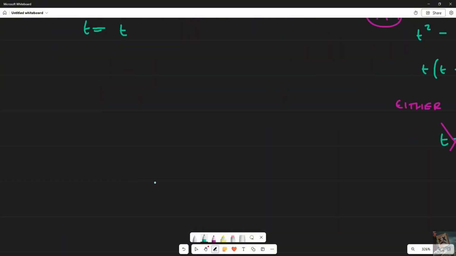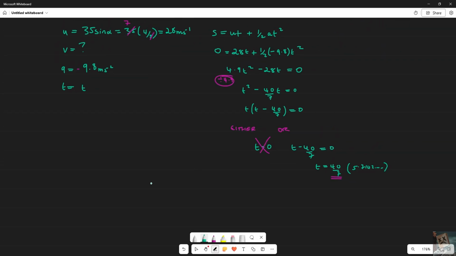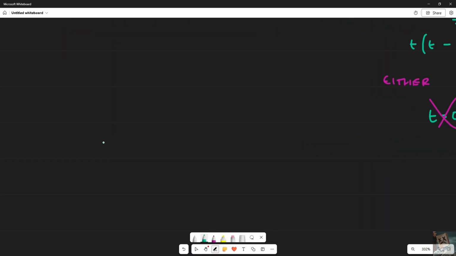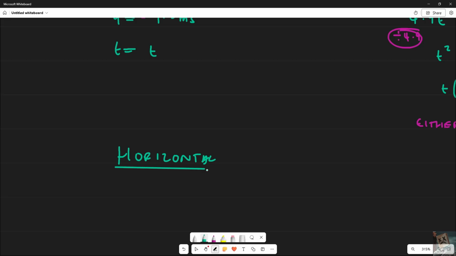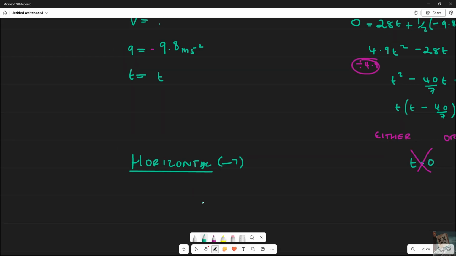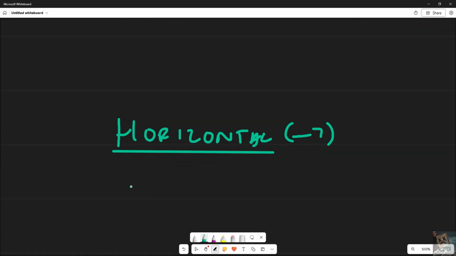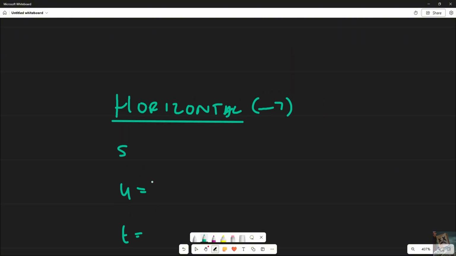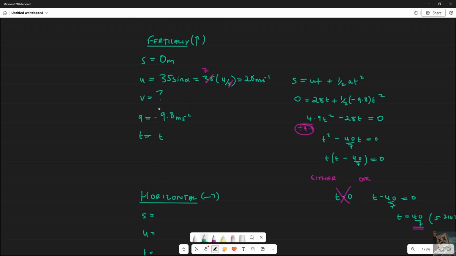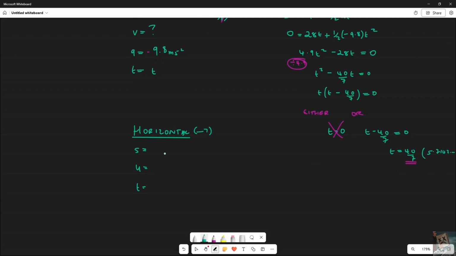We can do that by substituting this value of t back into the horizontal. So horizontal, and we're going to say to the right is positive because that's the way the ball's travelling, so it's just a bit easier. So we've got s, u, t, because the acceleration is 0 and v would just be the same as u if the acceleration is 0.